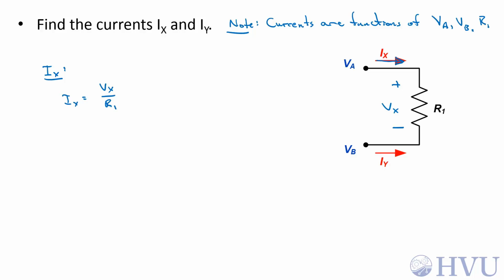Current is the voltage divided by the resistance. Vx is the voltage at the positive terminal, which is VA, minus the voltage at the negative terminal, which is VB. So substituting that into the expression for Ix, I get Ix is equal to VA minus VB over R1.